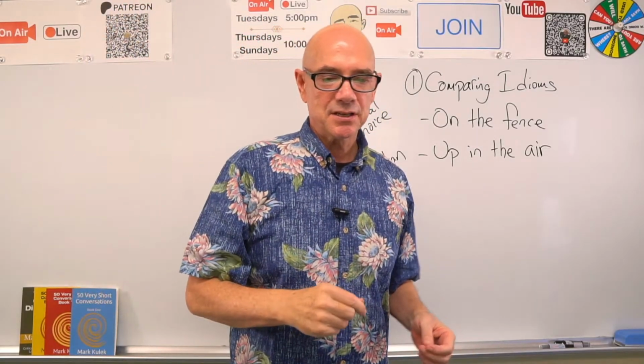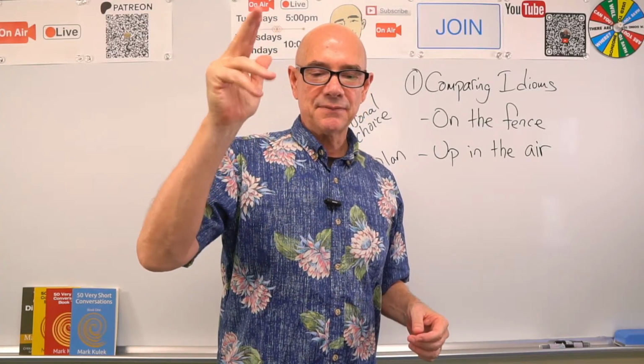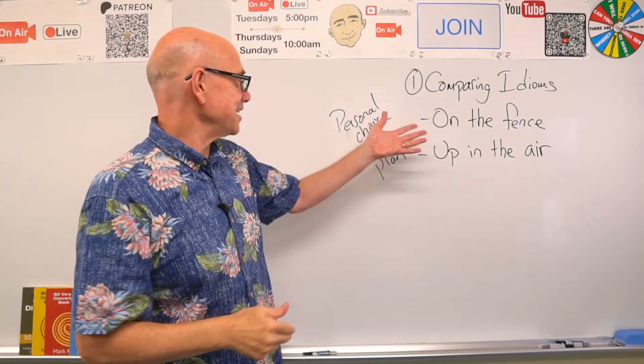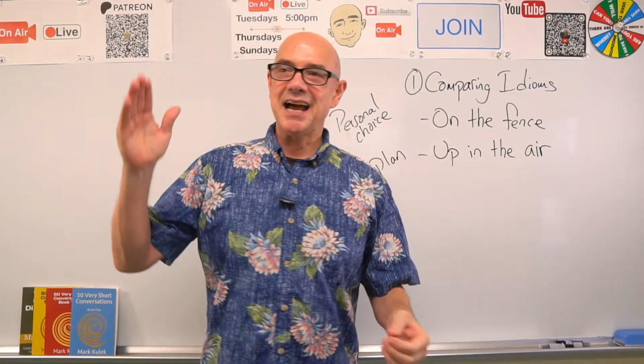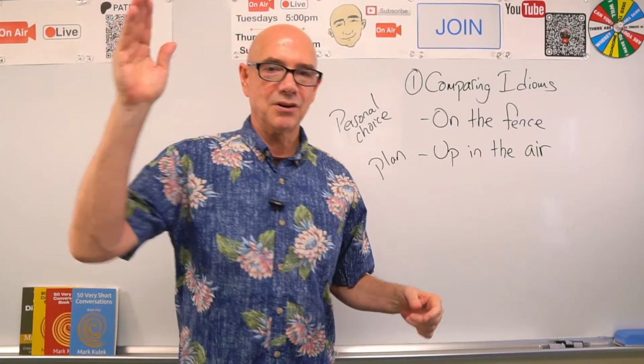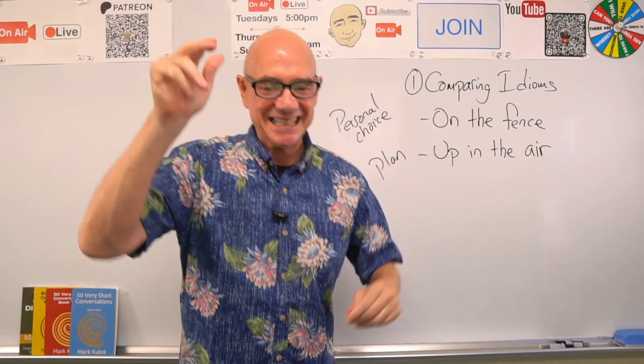Very good. Julia, hello, Julia. Susie, I'm on the fence about which food to eat for breakfast. Okay, so she hasn't decided, am I gonna have toast or eggs or oatmeal, right? So she's on the fence. She hasn't decided yet.